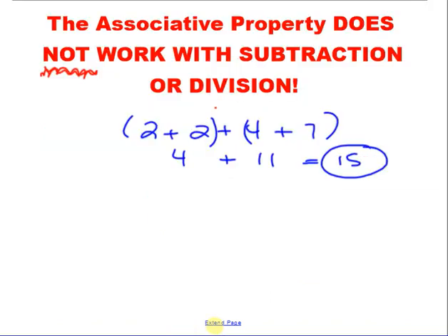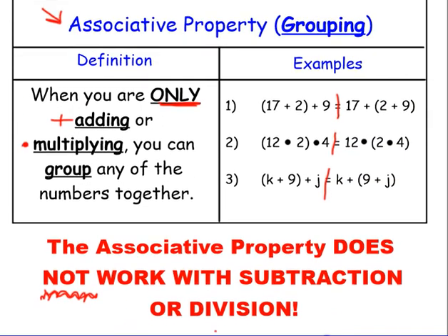But let me show you what happens with subtraction. Same numbers. 2 minus 2 minus 4 minus 7. Well, okay, I'll put some parentheses here and some parentheses here. So 2 minus 2 is 0, minus 4 minus 7. Well, you haven't learned about negative numbers yet, so you can't really do that, okay? So it does not work with subtraction and division.